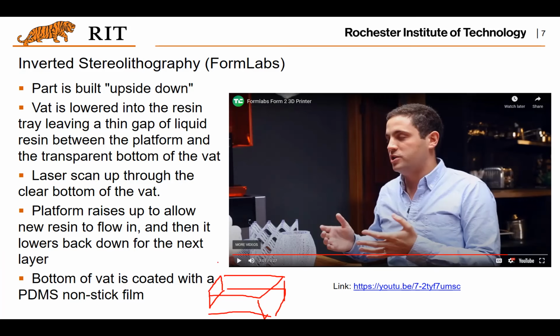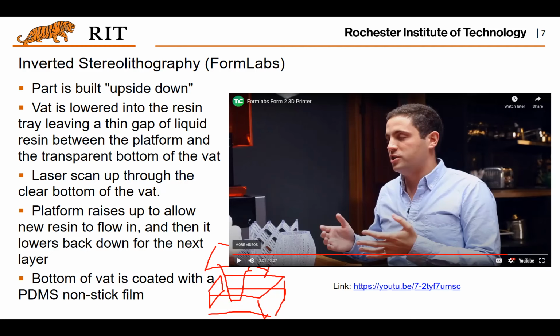And the part actually is something like this. Basically, this is the build platform. And the part will stick to the build platform in the upside down direction.